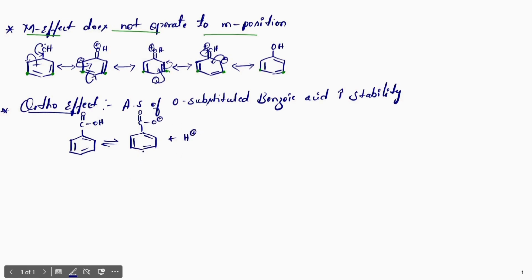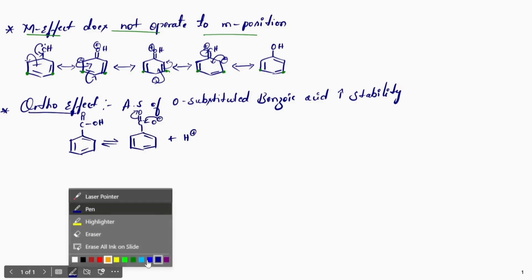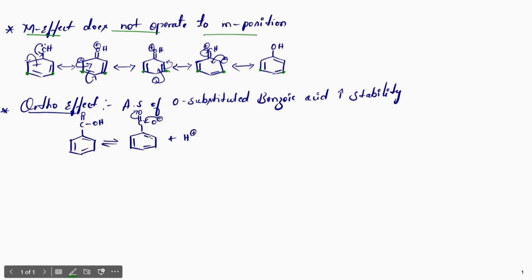So in this case, the negative charge on this oxygen will be in resonance with C double bond O. And at the same time, the resonance between the pi electrons of benzene ring and also C double bond O is also possible. The resonance is possible in both ways. Therefore, this is less stable.